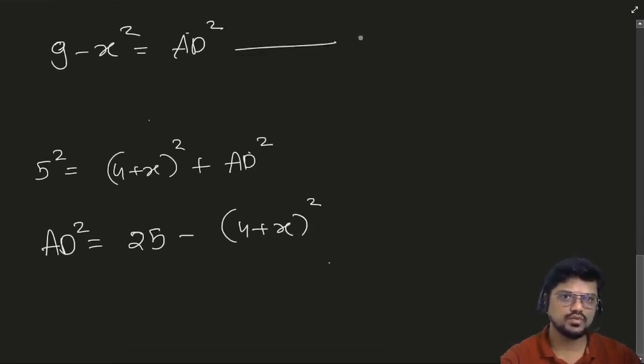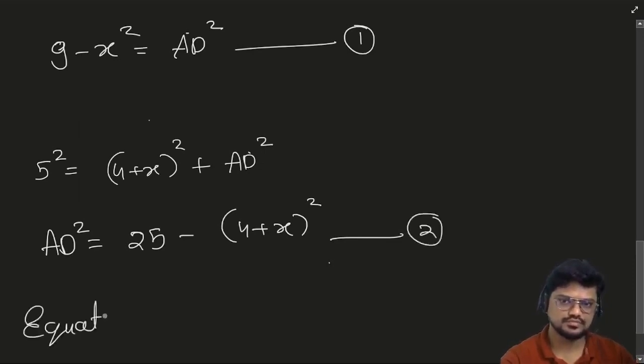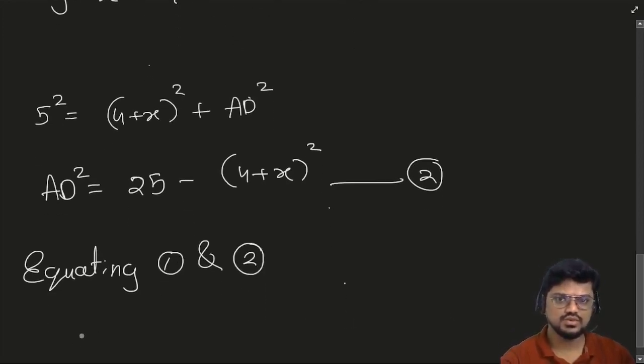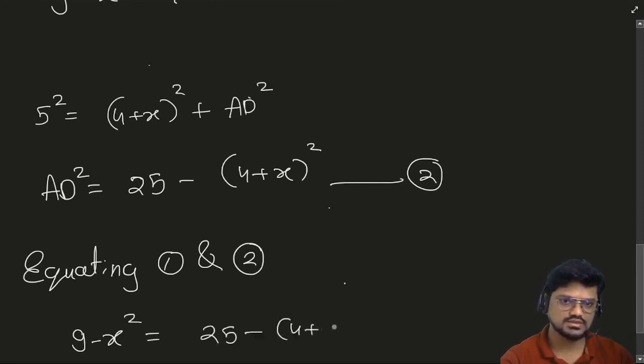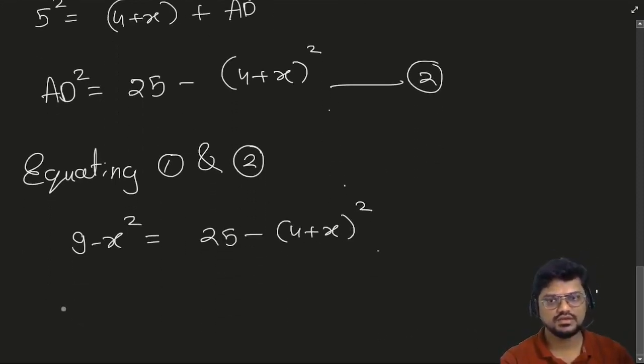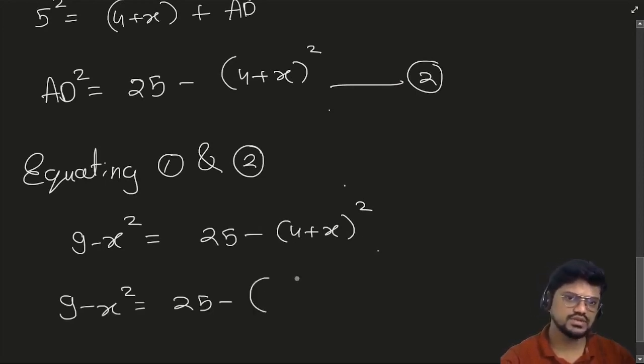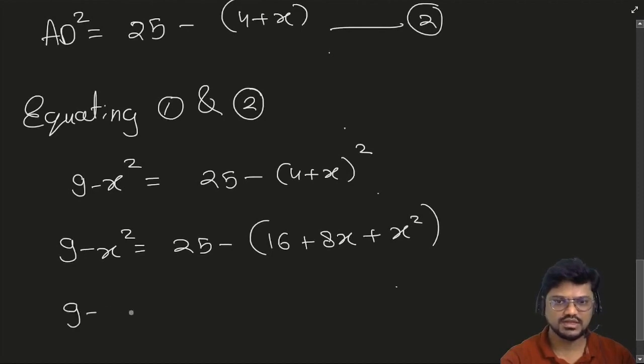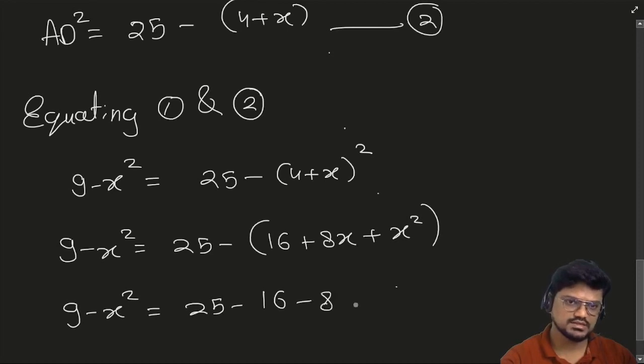So I can equate, if I say this is 1 and this is 2, equating 1 and 2, what I get is 9 minus X square is equal to 25 minus 4 plus X the whole square. So 9 minus X square is equal to 25 minus 16 plus 8X plus X square. So you get 9 minus X square is equal to 25 minus 16 minus 8x minus x square.